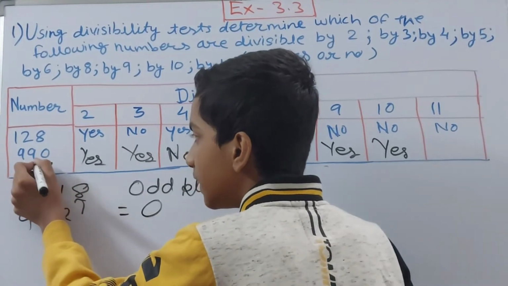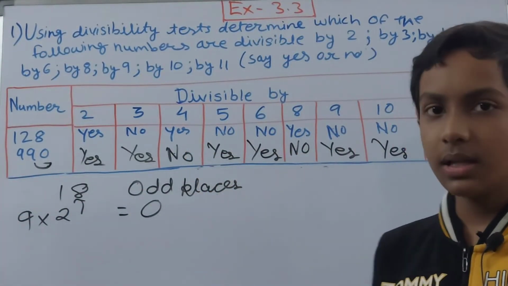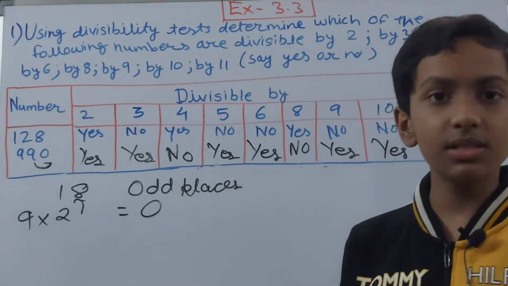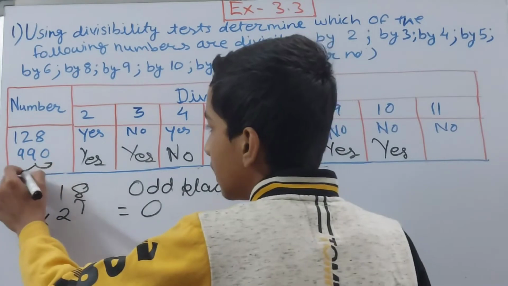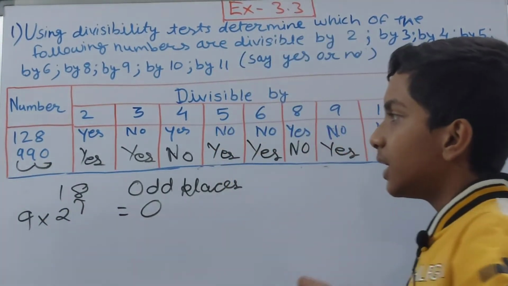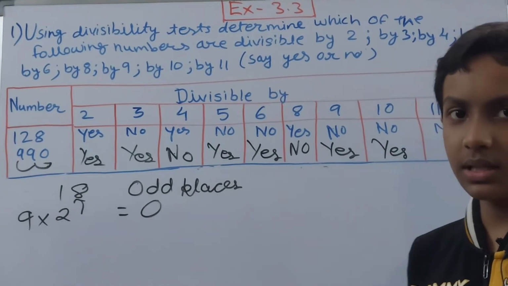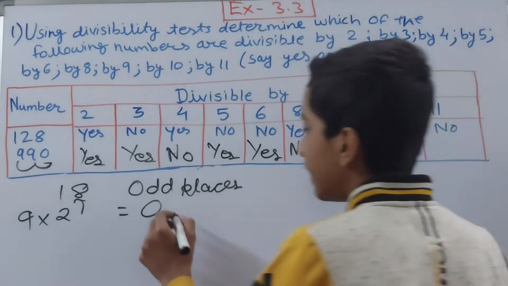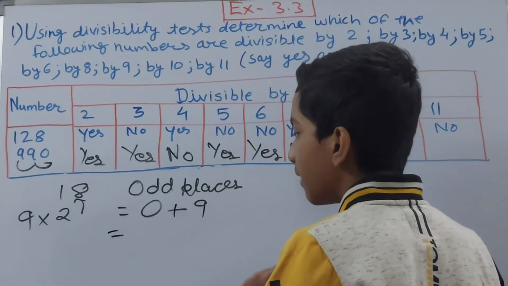Then you will not take tens because tens place will be an even place. Because tens place is a second place, divisible by 2, you will move on to the next place. We have 9 here. It will be an odd place, it is the third place in this number, so we will add 9 into this.